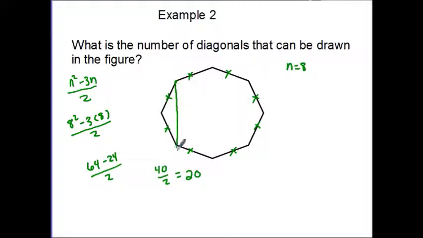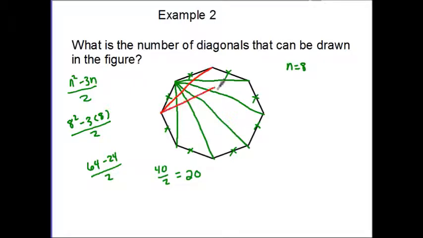We got 1, 2, 3, 4, 5 in green. We have 6, 7, 8, 9, 10 including my red, 11, 12, 13, 14, and this one's already connected.